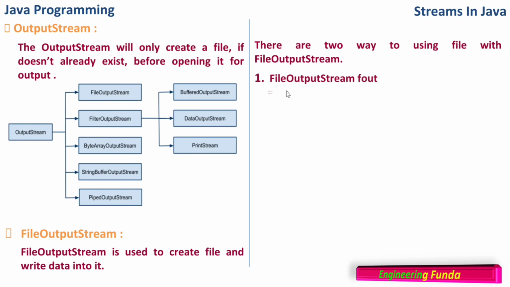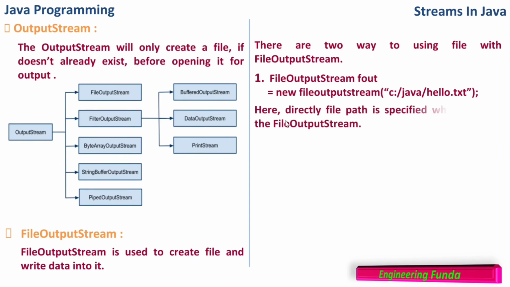The first way is we write FileOutputStream fout equal to new FileOutputStream c:/java/hello.txt. Here what we are interested in is writing the content into hello.txt, which is available at this path. Here the file path is directly specified while creating the file output stream.